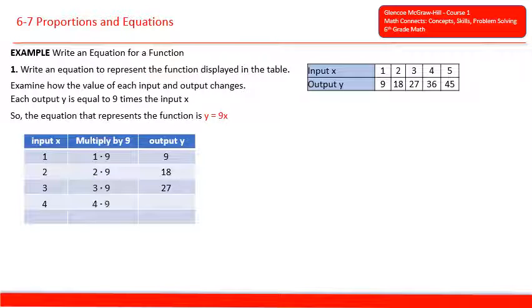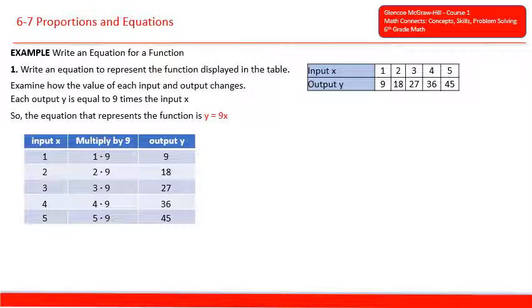If x is 4, 4 times 9 is 36. And if x is 5, 5 times 9 is 45. And all of these values are y in that equation. So 9, 18, 27, 36, and 45 are all the values of y.